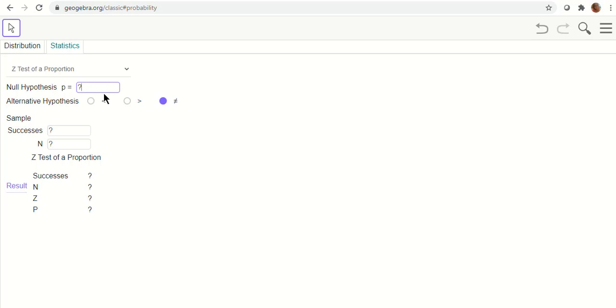Our population proportion is 0.14, and our alternate hypothesis, if we recall, is less than. The sample number of successes is pretty much our X value, the number of individuals in this sample, so that would be 9. And our sample size was 70 individuals.